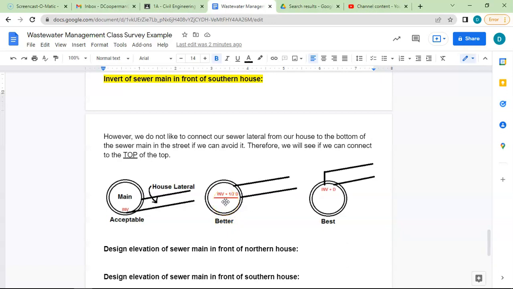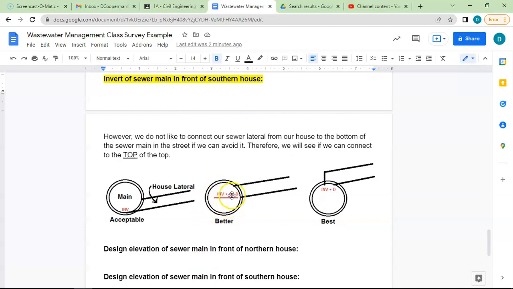That's better. The best design is to tap it in at the top, actually. So from here, the ending elevation of the lateral is going to be the invert of the main plus the full diameter. So if this is, I think I said this one wrong.